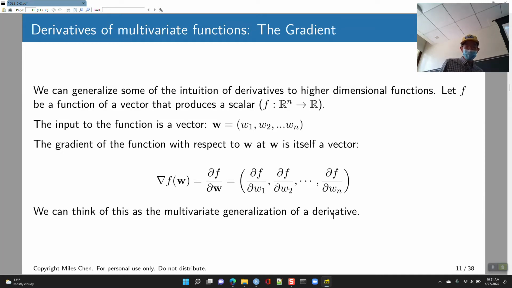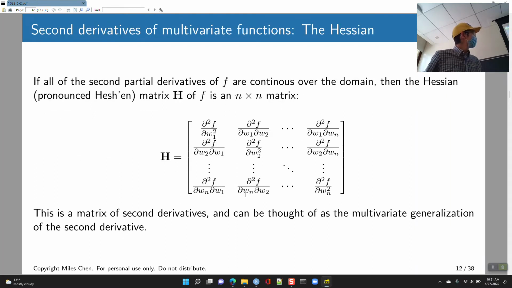And now, what would a second derivative look like? If we want to do that, we get the Hessian matrix, okay? I guess you have to assume that your partial derivatives are all continuous. Then you have the Hessian matrix, which is going to be an n by n matrix.